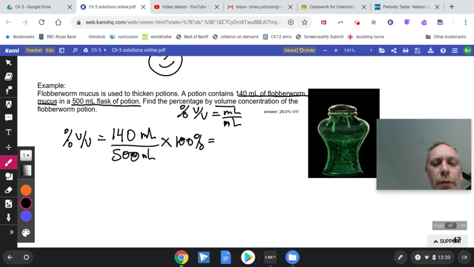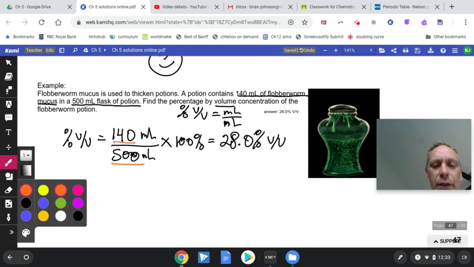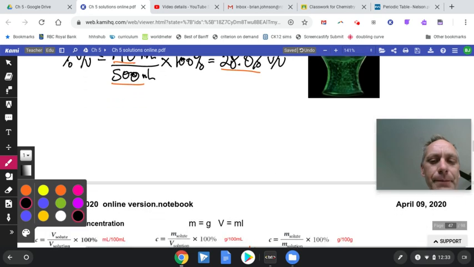That works out to be exactly 28.0% volume by volume, and 3 sig digs. So we're good. Hopefully you're thinking, hey, these aren't too bad. Of course not. They do get a little more tricky, but the basic idea is the same.